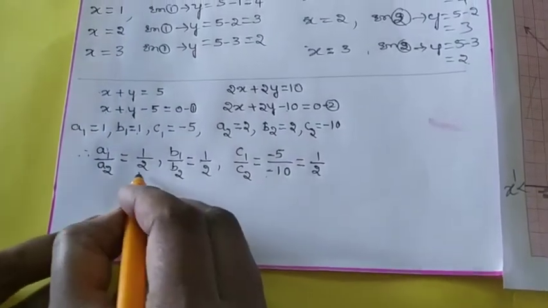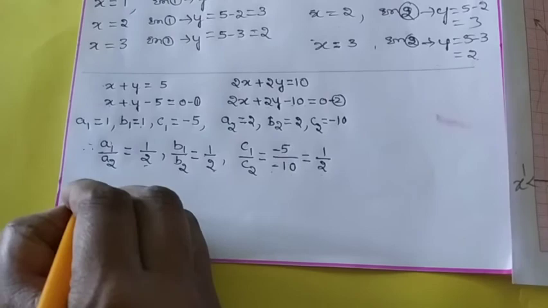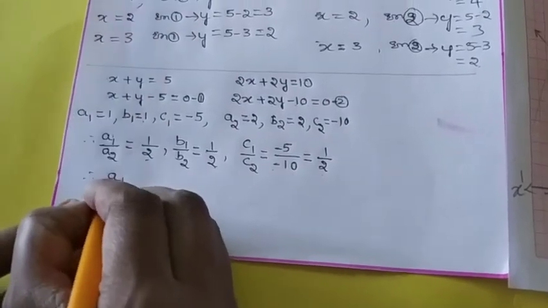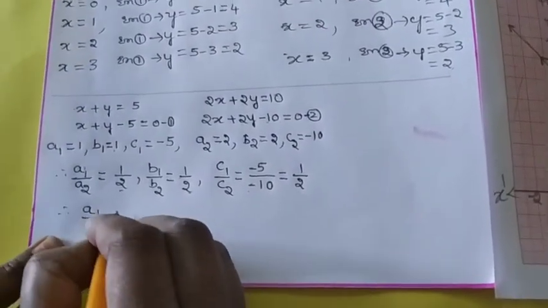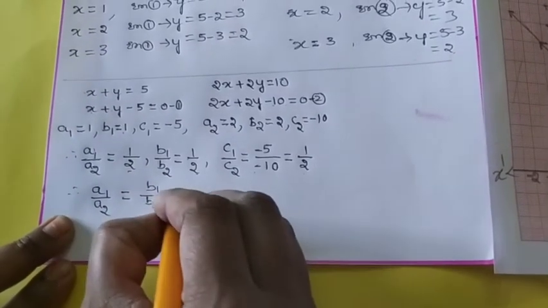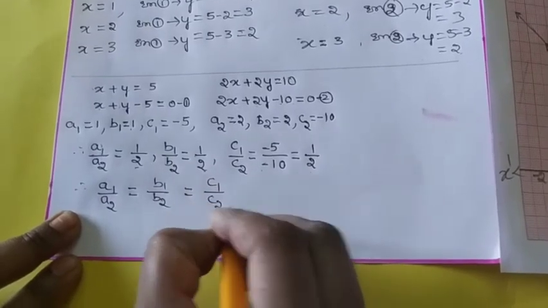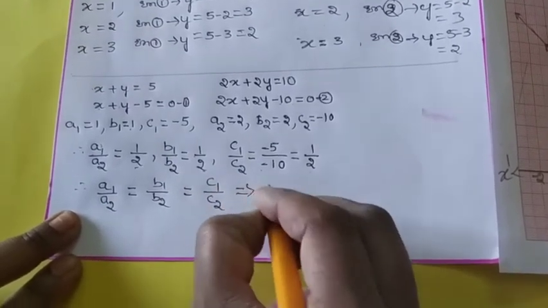See here, first, second, third ratios are equal. Therefore, we conclude a1 by a2 is equal to b1 by b2 is equal to c1 by c2. All ratios are equal.